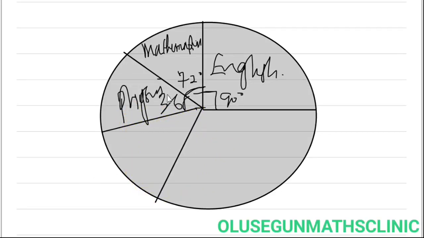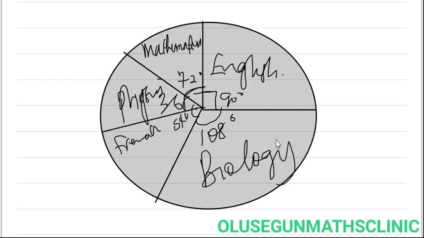So French, 54 degrees. So the remaining one is biology, 108 degrees. That is biology.